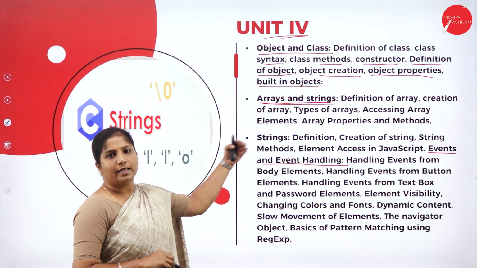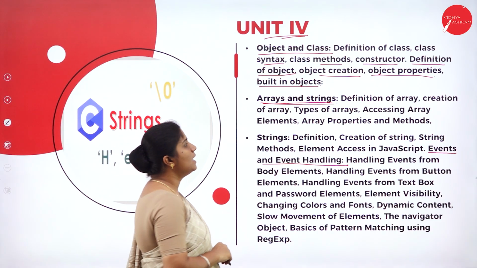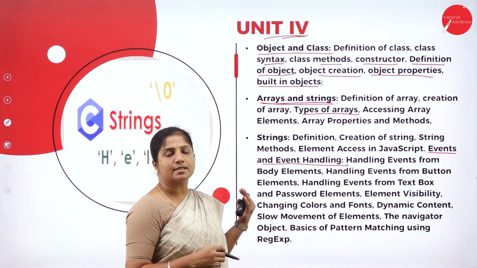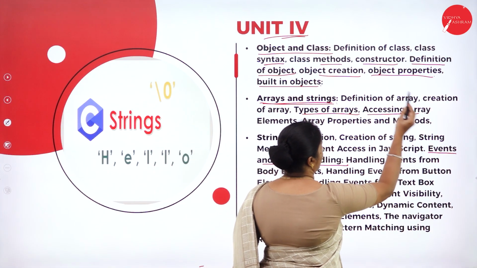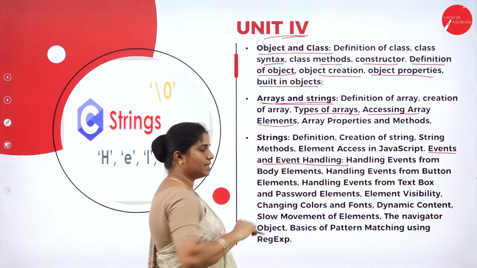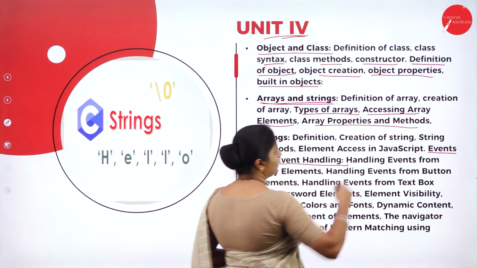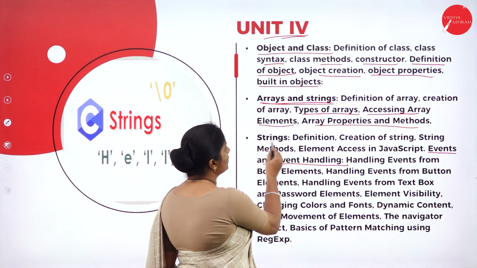In that we are going to study what an array is, the definition of an array, how we create an array, and the different types of arrays, that is, one-dimensional and multi-dimensional arrays. Then how we access the array elements, and the different array properties and methods. Next we have strings; we are going to study strings.